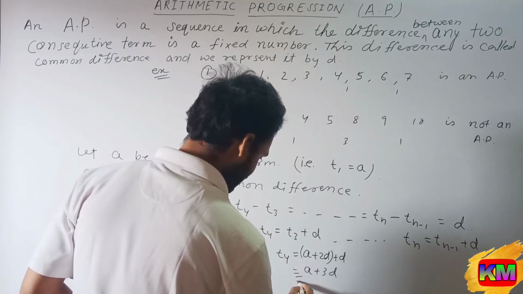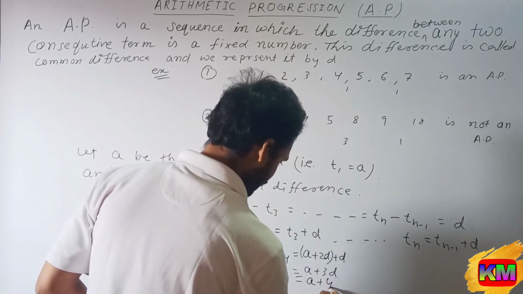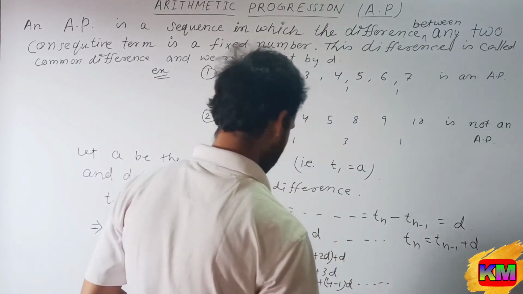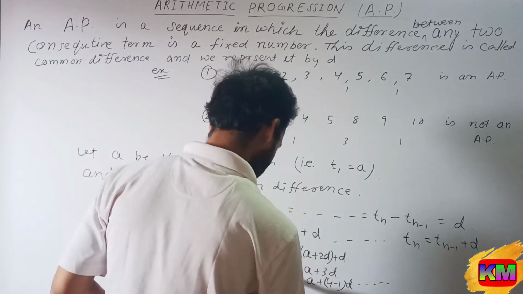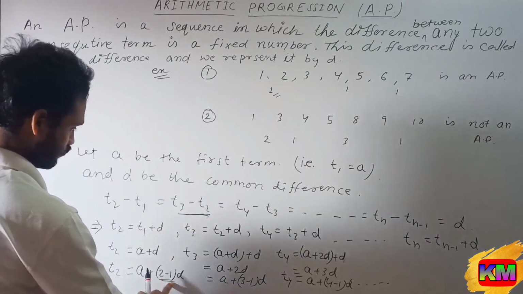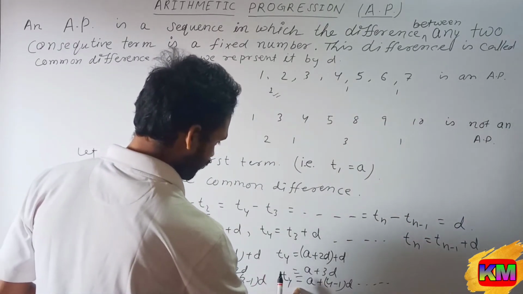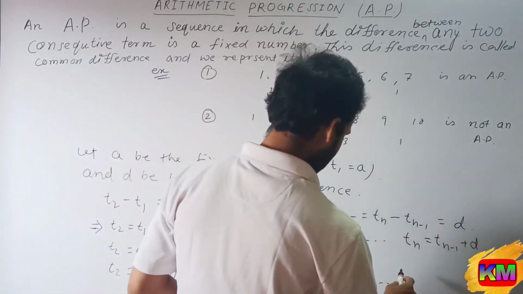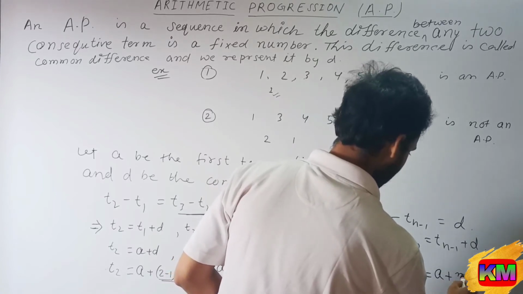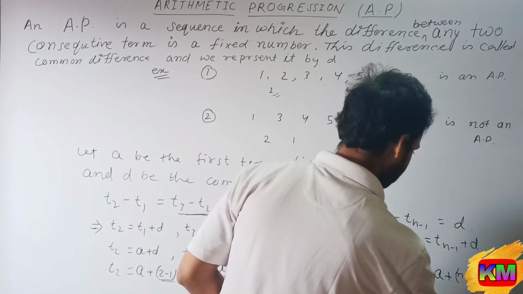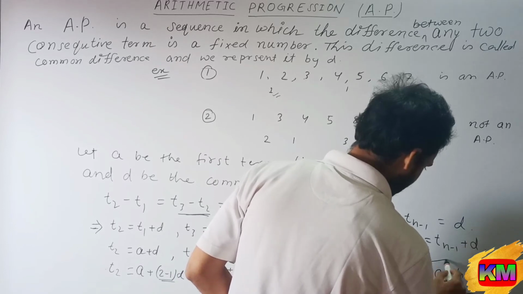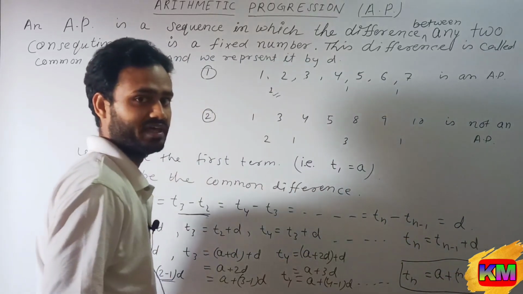Similarly, for T4, we can write A plus 4 minus 1 into d, and so on. So now we can see that for T2 we have 2 minus 1, for T3 we have 3 minus 1, for T4 we have 4 minus 1. Similarly, for Tn, we can write A plus n minus 1 into d, and this is the formula for finding the nth term of the AP.